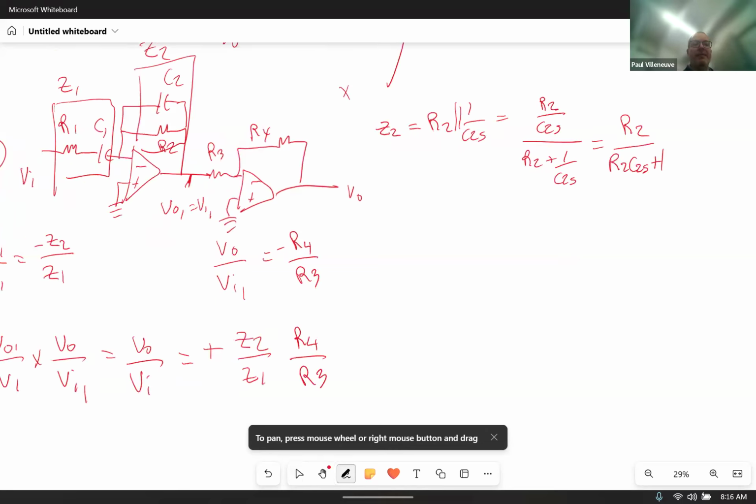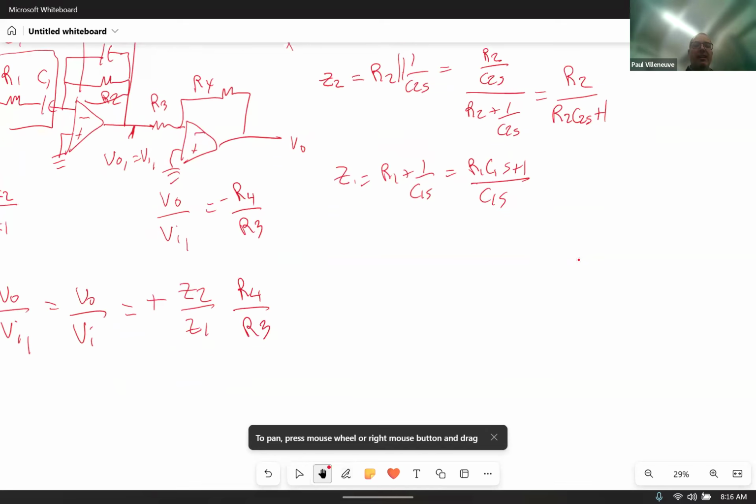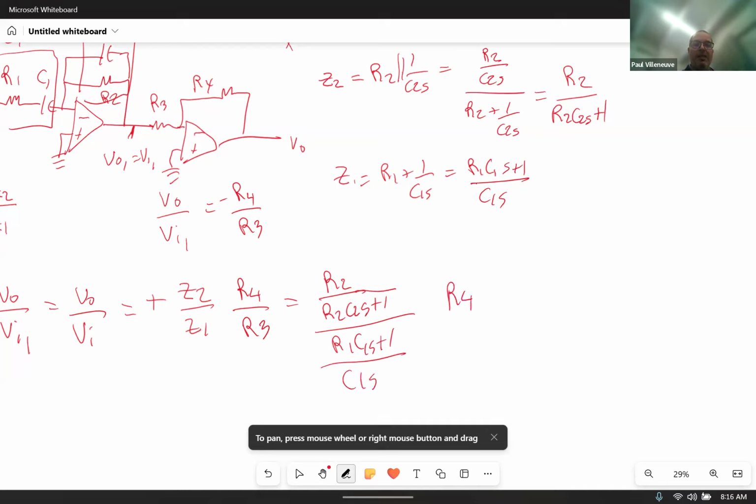Z1 is really easy. It's just the sum of the two, right? R1 plus 1 over C1S, which is equal to R1 C1S plus 1 over C1S. Now you can substitute into here, R2 over R2 C2S plus 1, all over R1 C1S plus 1 over C1S times R4 over R3.